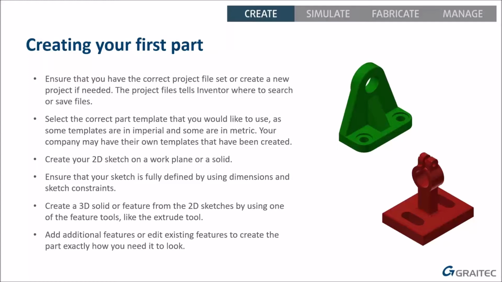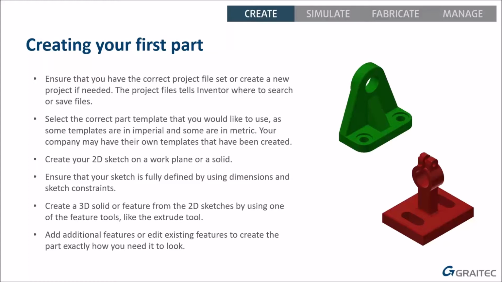Okay, so once we've got our project set and our template selected, we'll go and start creating our 2D sketches, either on a work plane or a solid. We'll then make sure that our sketches are fully defined with dimensions and sketch constraints. And then once we've fully defined our sketch, we'll go and create our 3D features.